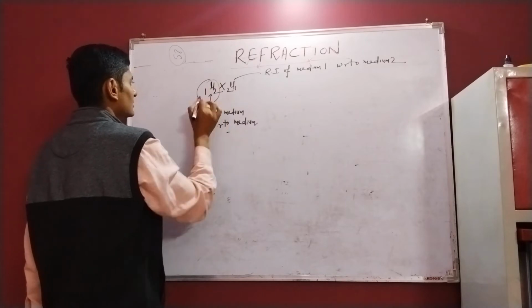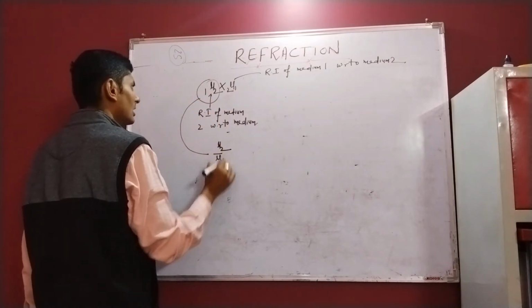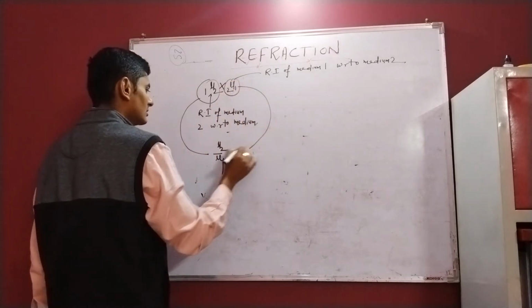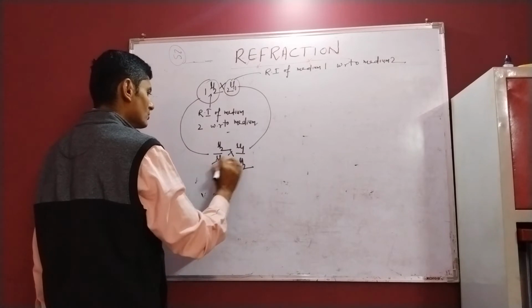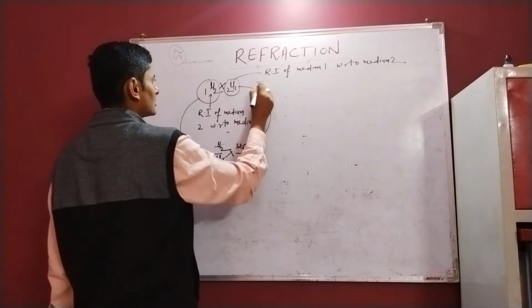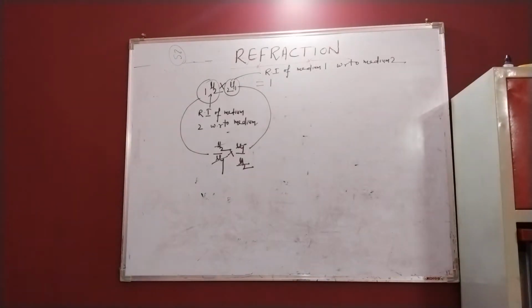So this is mu2 upon mu1 and this is mu1 upon mu2. So this comes out what? 1. Okay.